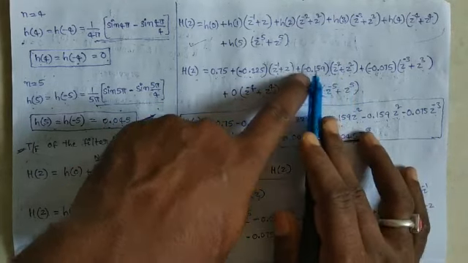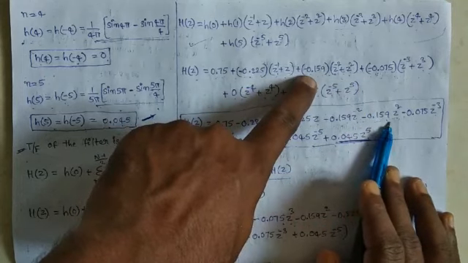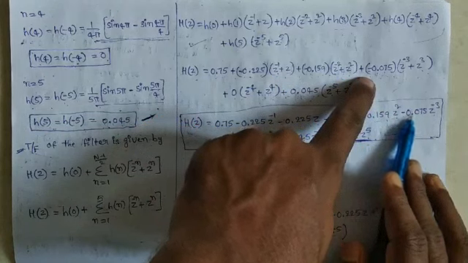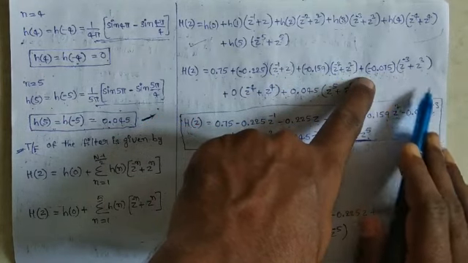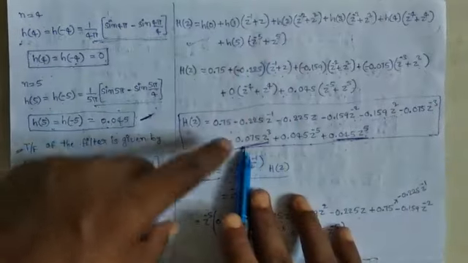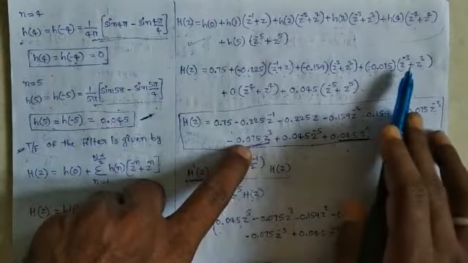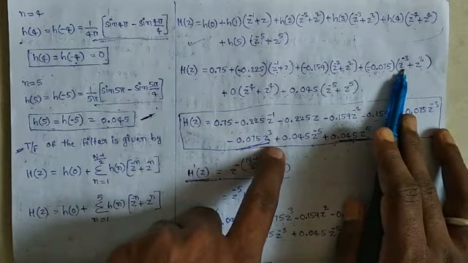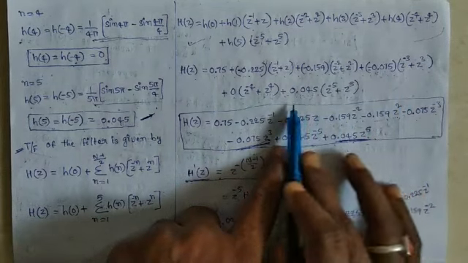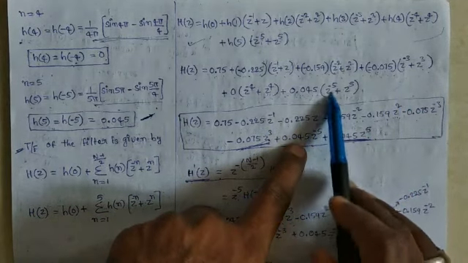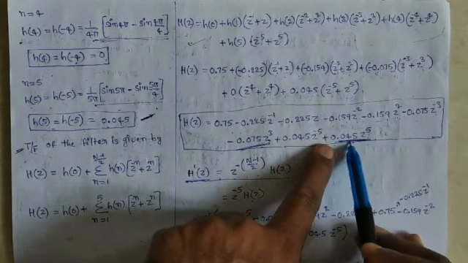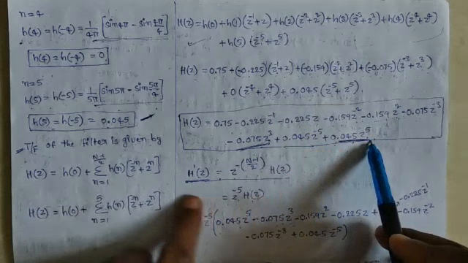Similarly plus into minus 0.159 z power 2. Similarly minus 0.075 into z power minus 3 plus into minus 0.075 z power 3, minus 0.045 z power minus 5 plus 0.045 z power 5 it is.